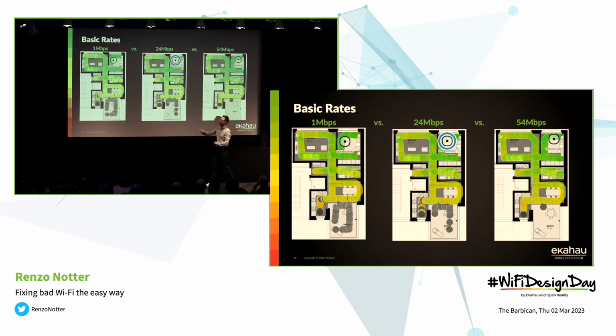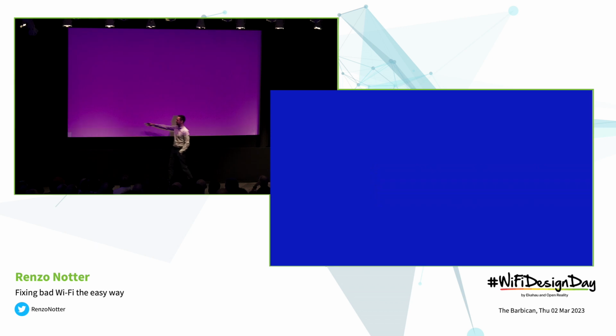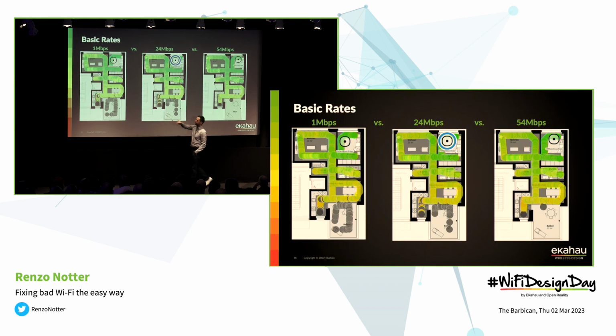When I had my basic rate at 1 megabit per second, I was receiving beacon frames all the way down in the outside area with the doors closed. When I increased the minimum basic rate to 24 megabits per second, I wasn't really able to decode the beacon frames when the signal level went too low.